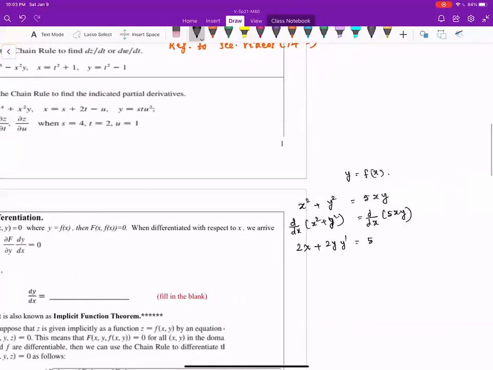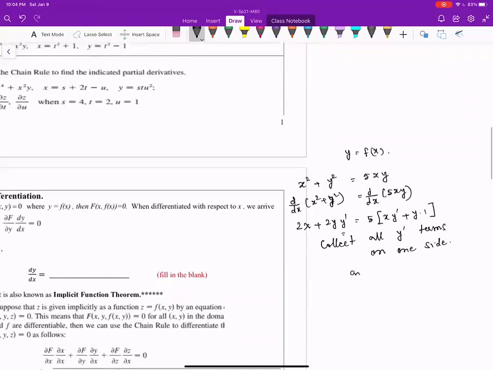Here, you're going to apply the product rule. So it's x times y, where y is a function of x. So it's u v prime plus v u prime, and then you will be collecting all the y prime terms on one side and simplify.